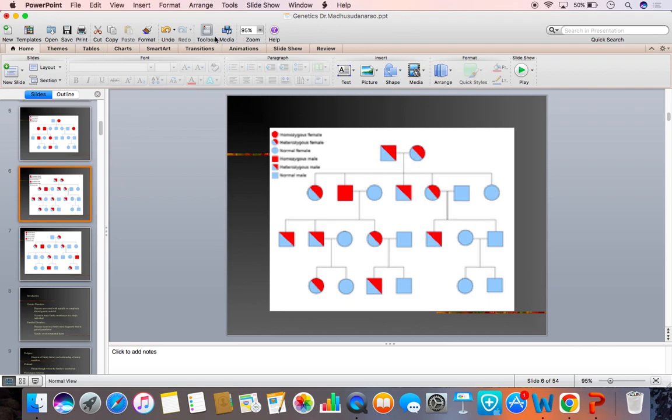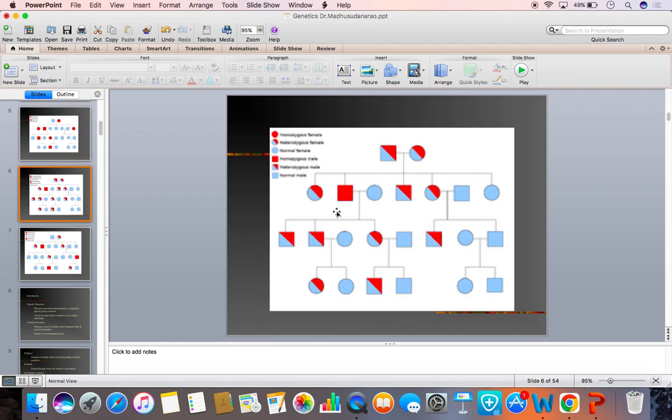Here you see the individual is half shaded. That means they are carriers. When both the parents are carriers for the disease, okay, they do not manifest the disease, and there is only 25 percent. Out of how many children did they have? 1, 2, 3, 4, and 5.